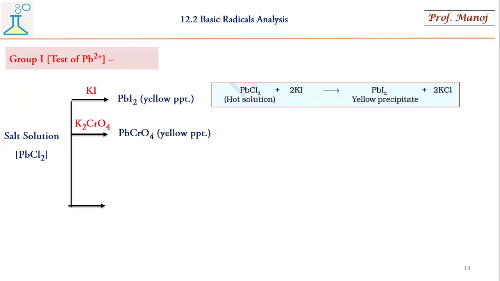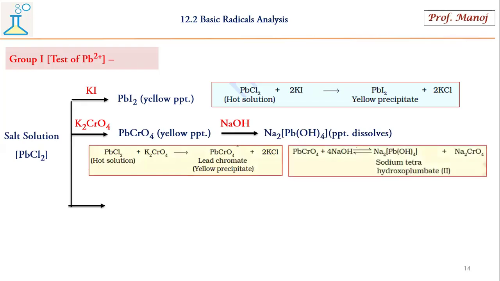It forms lead chromate, which when further treated with NaOH, PPT dissolves. So there are 2 reactions shown here. One, first forming lead chromate, and second, forming the soluble precipitate. Next, this PbCl2 can be treated with sulfuric acid.